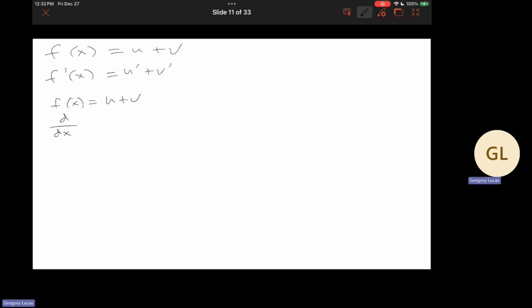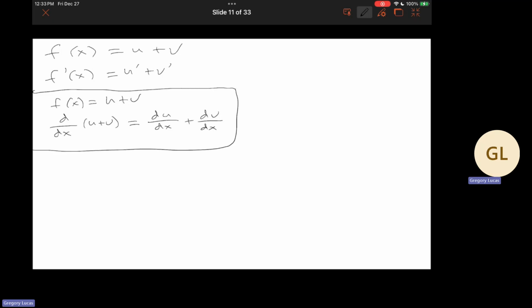So we say the derivative with respect to x of, in this case, u plus v. So we could rewrite this as du dx plus dv dx. So you might see this notation as well, but I normally use the prime notation.